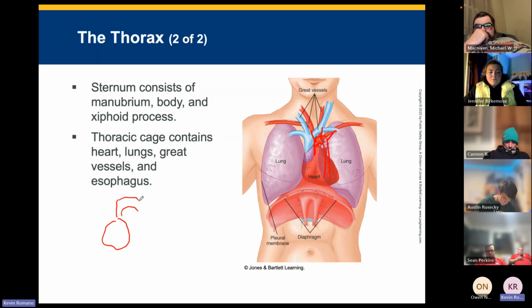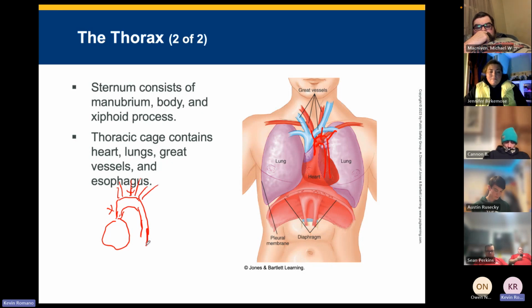It wraps around. So ascending aorta, aortic arch, descending aorta. Of course, I lose connection as I'm drawing. Stand by a second. Okay, we'll come back. You have your great vessels that come off the top of the aorta, the aortic arch.